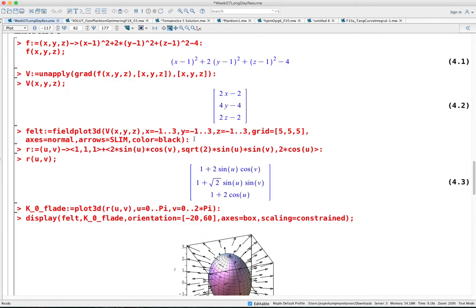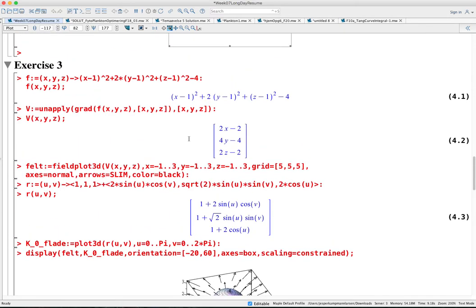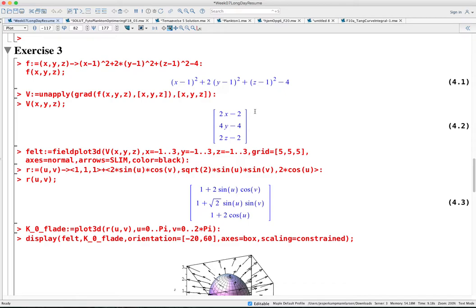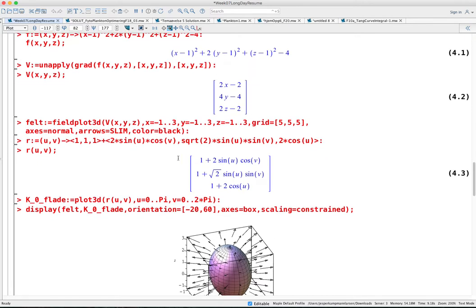Again, we can show the field plot, but also we can show a plot of the ellipsoid, and we do that by making a parametric representation of the elliptic surface, and you have that it passes through the point, or the center is the point 1, 1, 1.